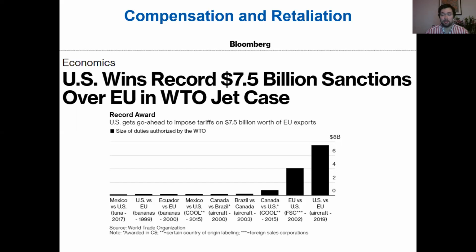But records also happen. So the United States is permitted to increase tariffs on the European products in the amount of $7.5 billion a year. That is a lot. So each and every European product entering the territory of the US may be subject to a higher import duty, import tariff.